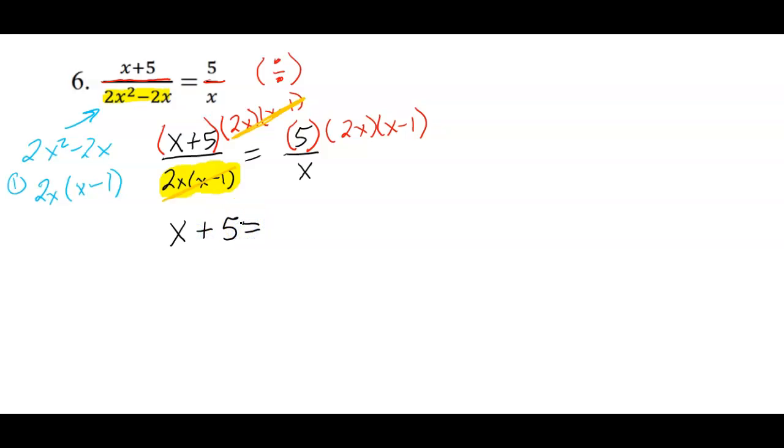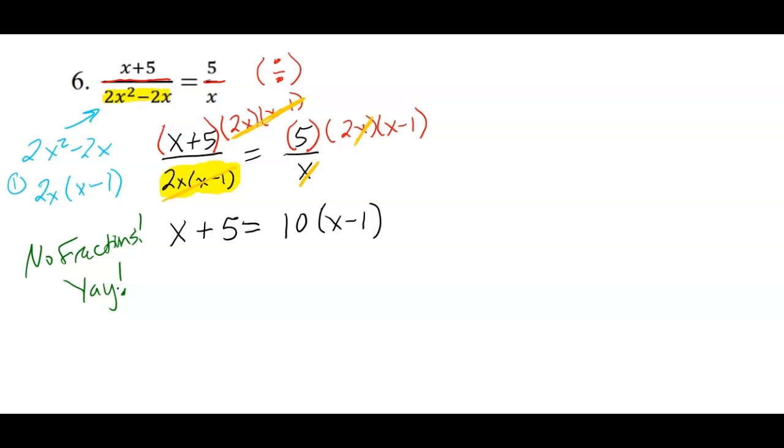On the right-hand side, the only thing that will divide out is x. So x divided by x is 1. That leaves me with 5 times 2, which is 10, times x minus 1. Notice that I now have no fractions. Yay. That's what I want, because now it's just a regular looking equation and I can solve it regularly.